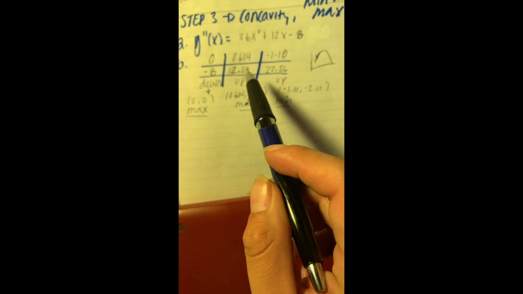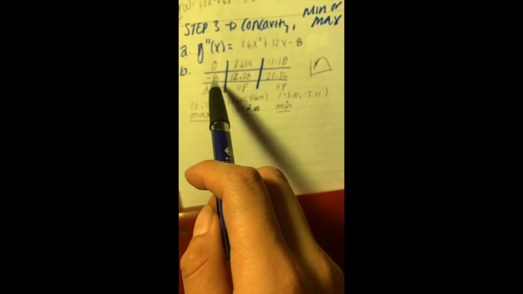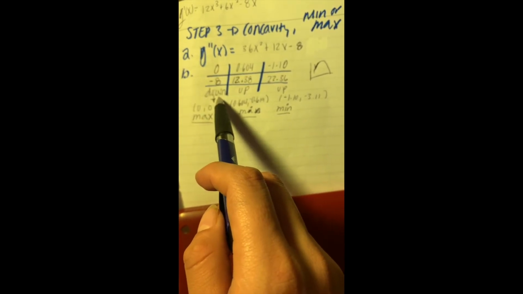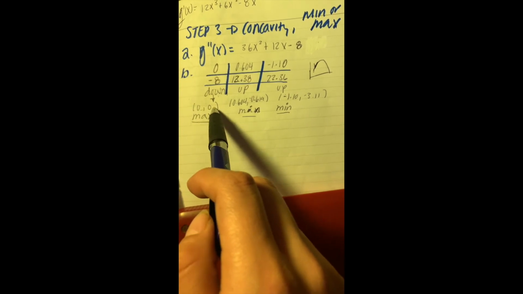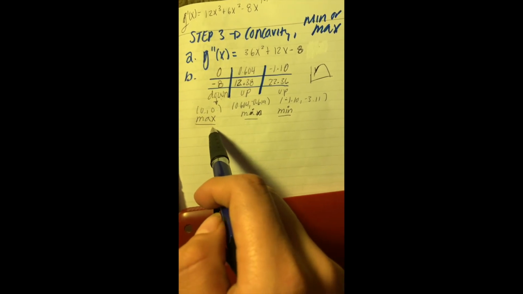And then for these two, these are positive, and so these were decreasing at first, but then they started increasing, and so that would make them concave up. Because this first one was concave down, this 0, 0 coordinate is known to be a maximum.